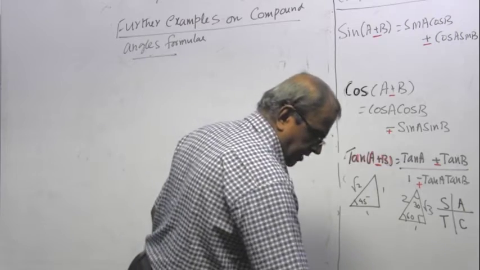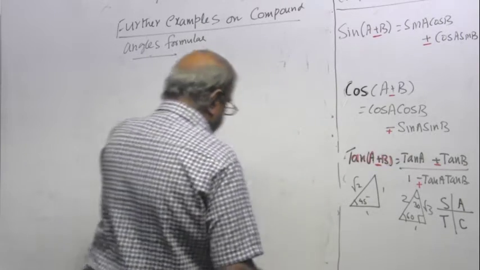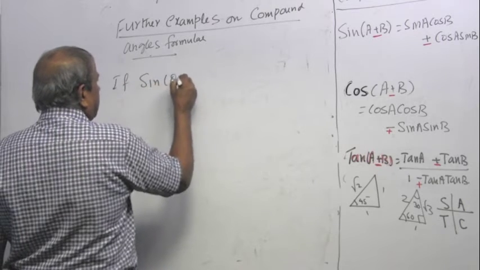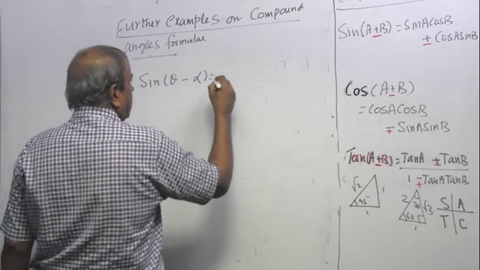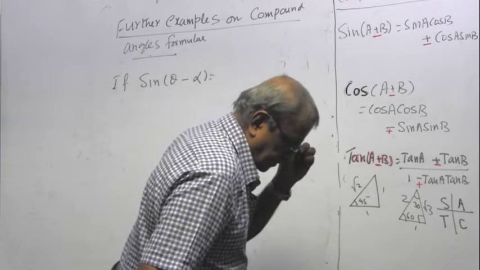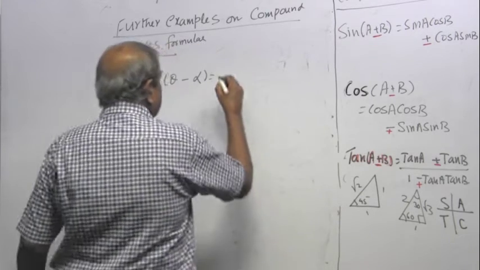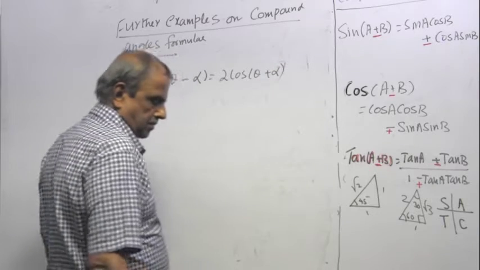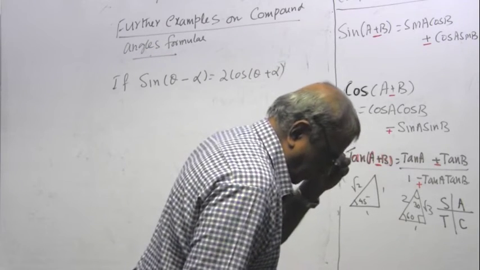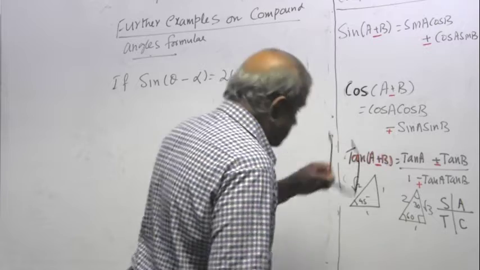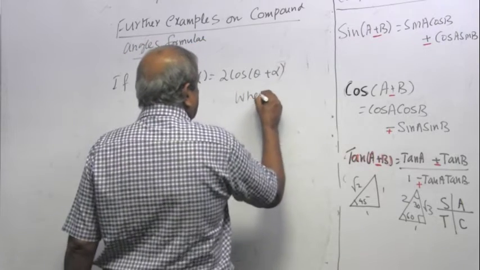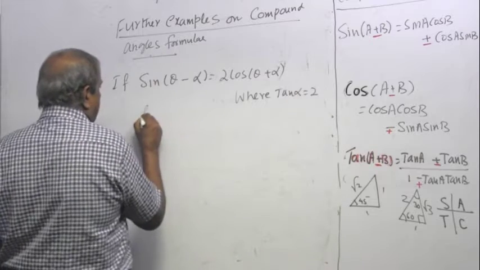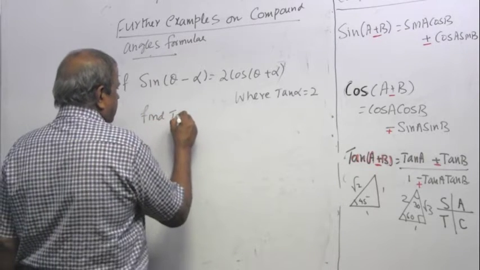Something like: if sine of theta minus alpha equals 2 cos of theta plus alpha, where tan alpha equals 2, find tan theta.